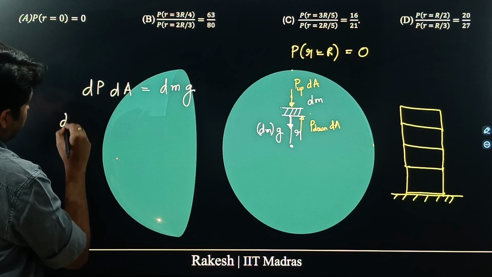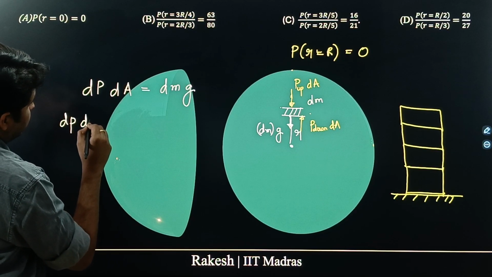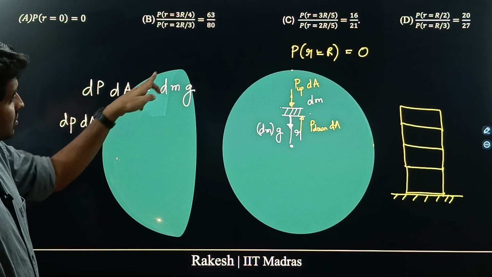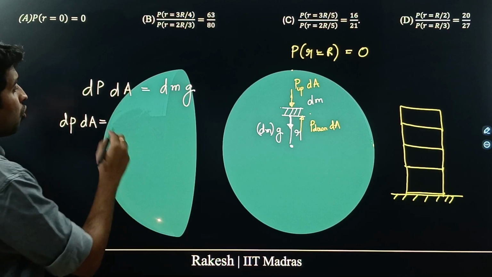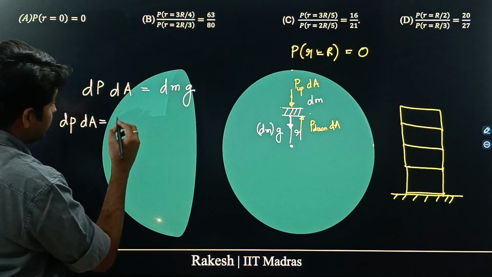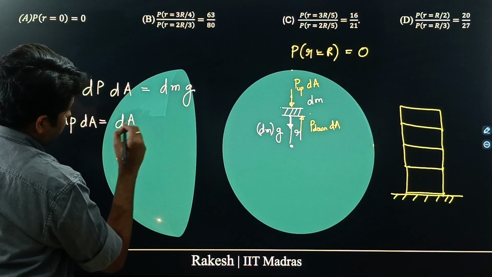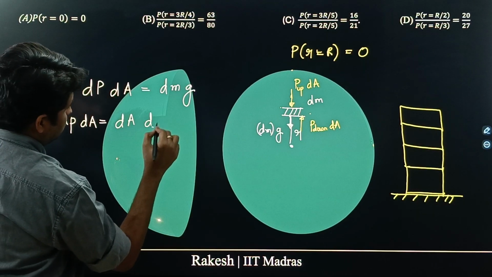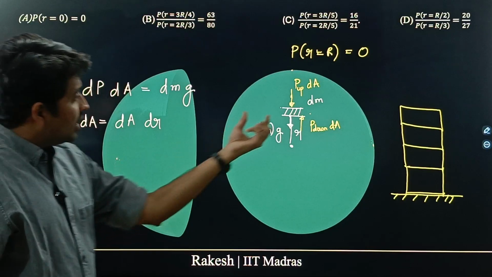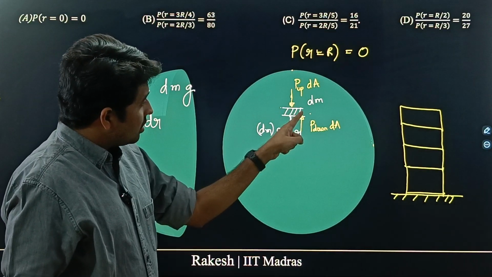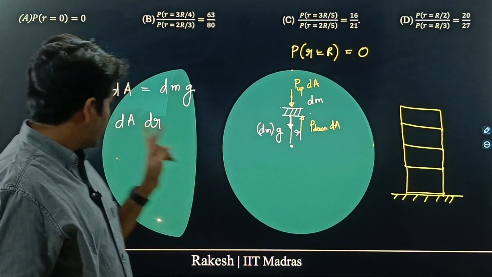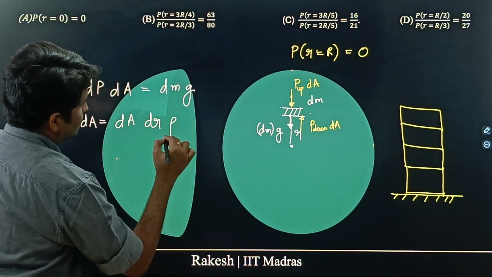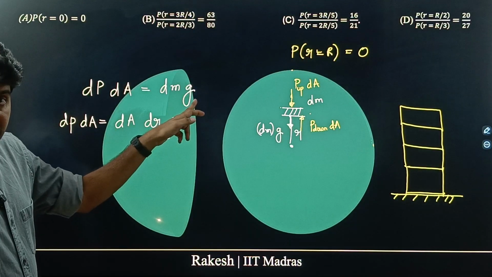Now dP times dA equal to, what is the mass here? Tell me. Mass is volume times density. Volume is nothing but area dA times the height dr. So at r, this height is dr. Area times height, times density, times g.